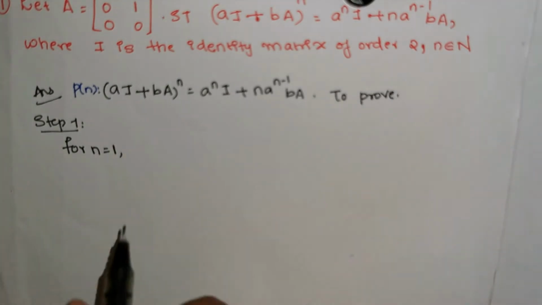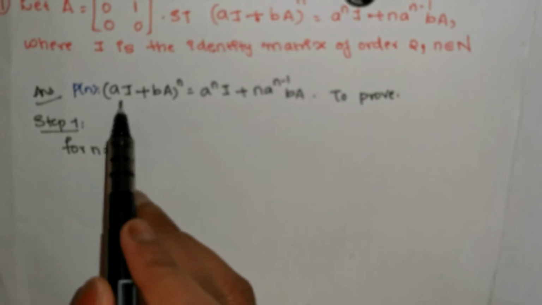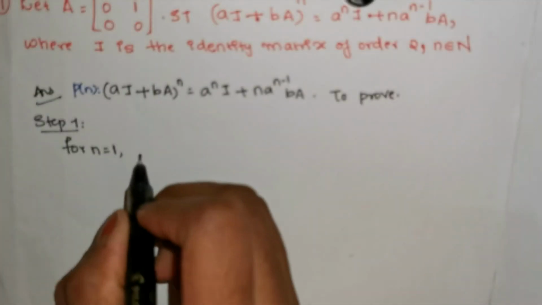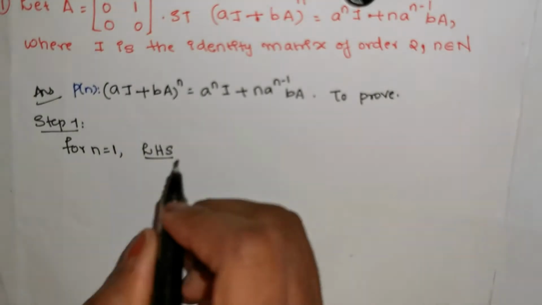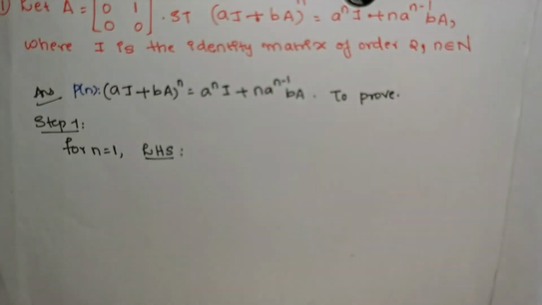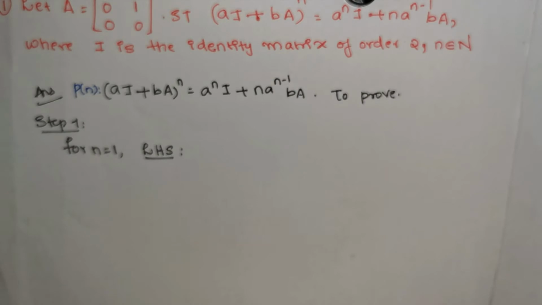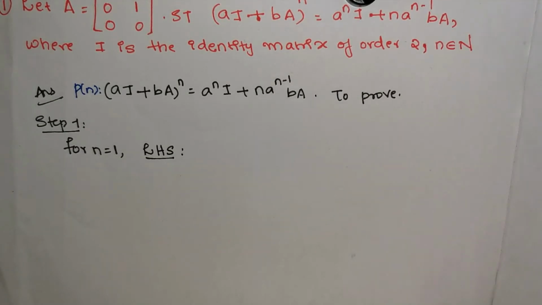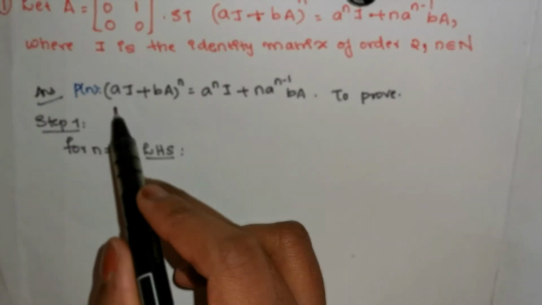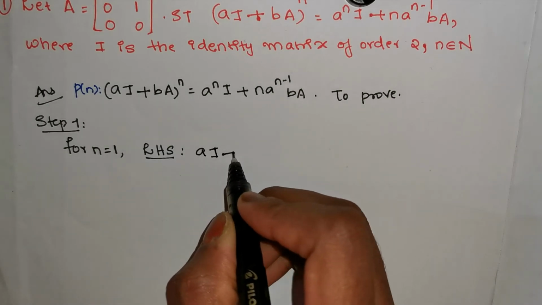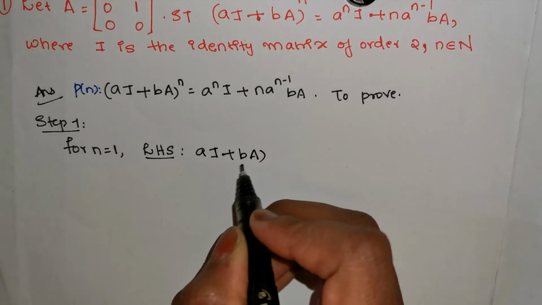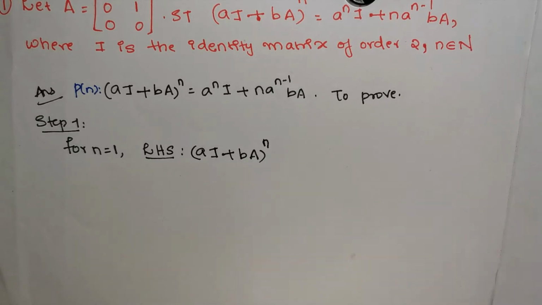For n is equal to 1, I am taking the left hand side first. So LHS. Sorry students, I hope it is clear. So this is my left hand side, that is (aI + bA) whole raised to n.